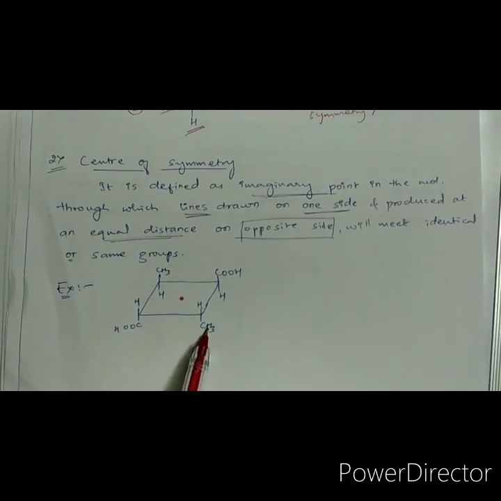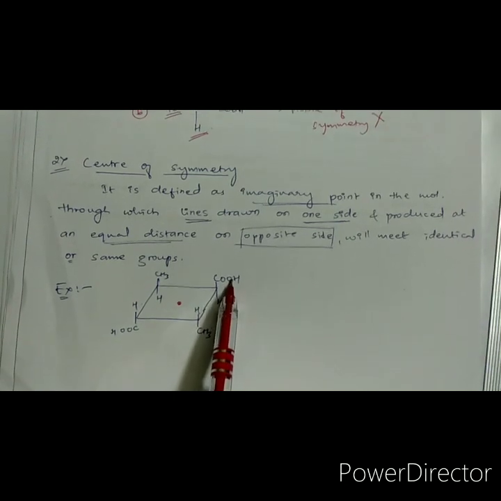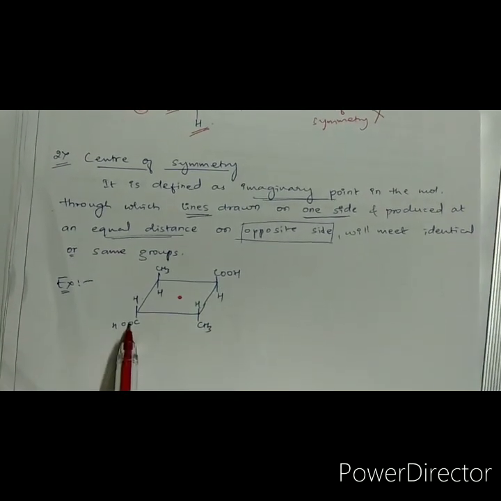So you can see CH3 is on the upside here, while here CH3 is on the bottom side, and COOH is on the upside here, while here it is on the bottom side.